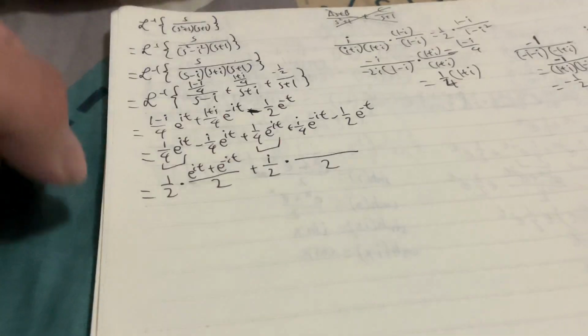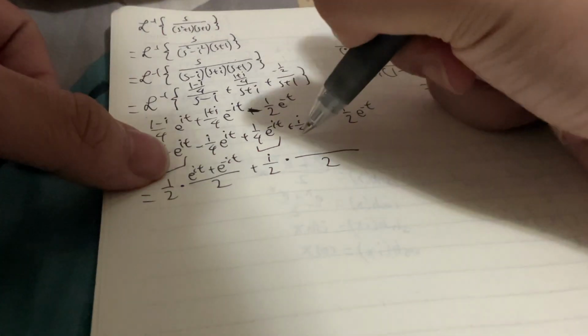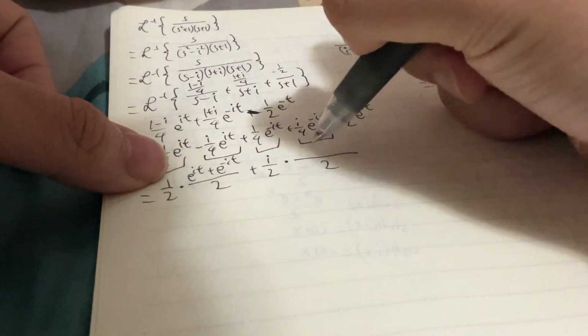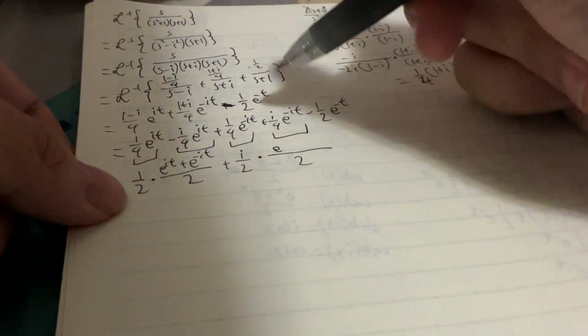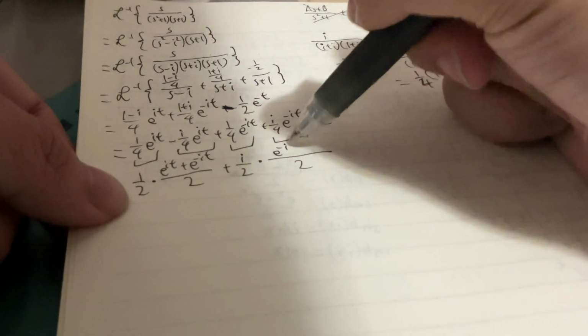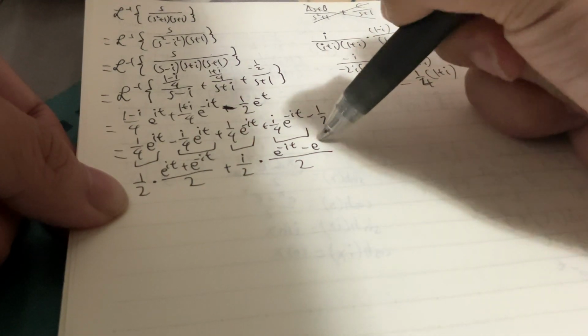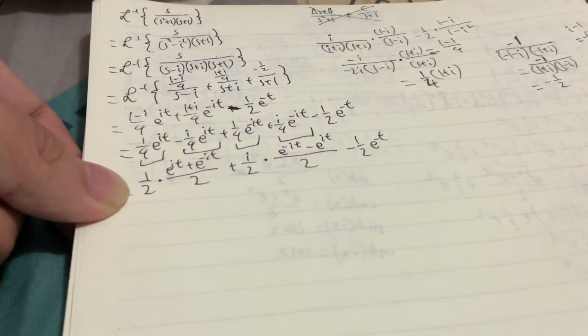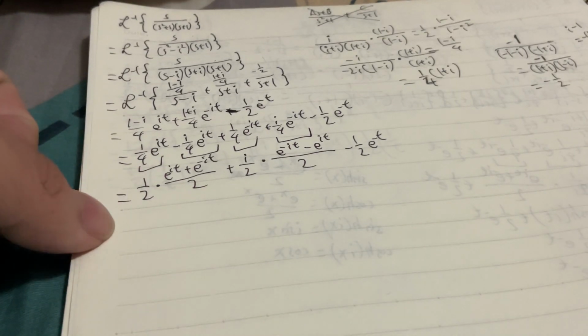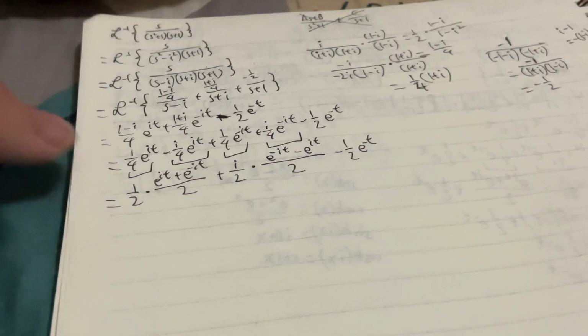And then here, this minus this, right? So you can get e to the negative it minus e to the it. And then minus 1 over 2 times e to the negative t. Like that.